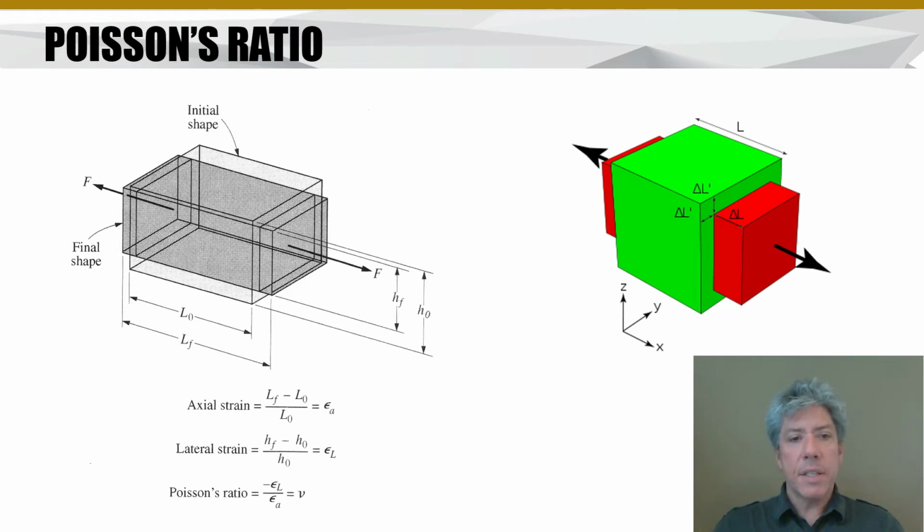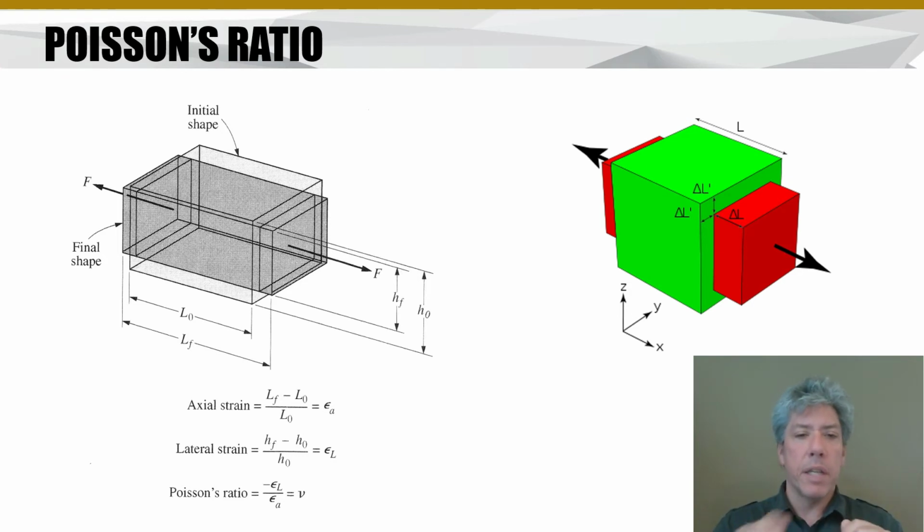So axial strain will be our first equation. We've got a little piece of material that has some initial shape there. We've applied a force F along its axis to stretch it out a little bit. So it's gone from an initial length LO to a final length LF because it's still under load. To calculate the axial strain, we need the deformation, which is the difference between the current length and the original length.